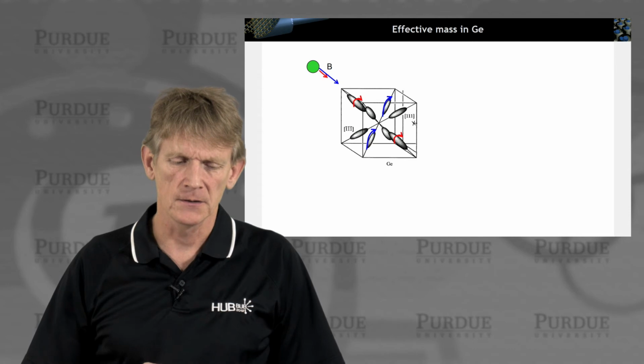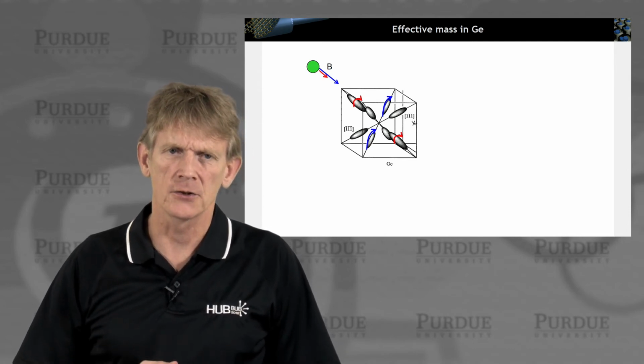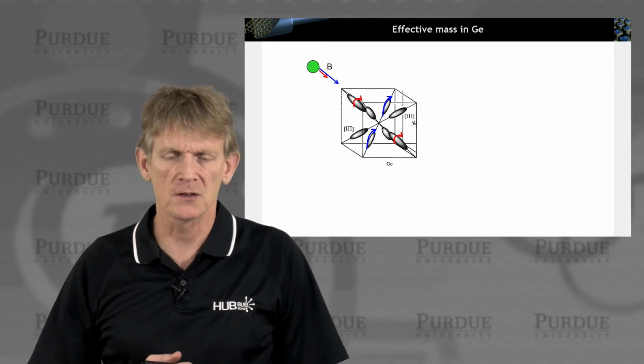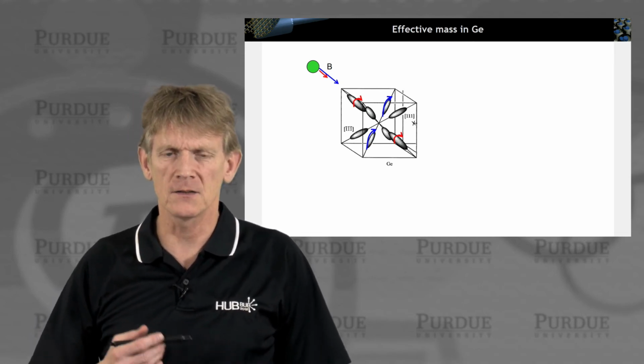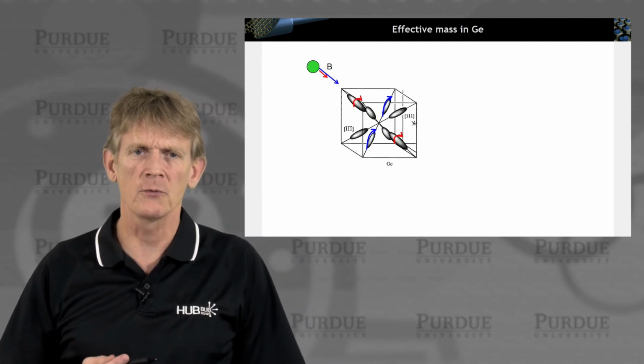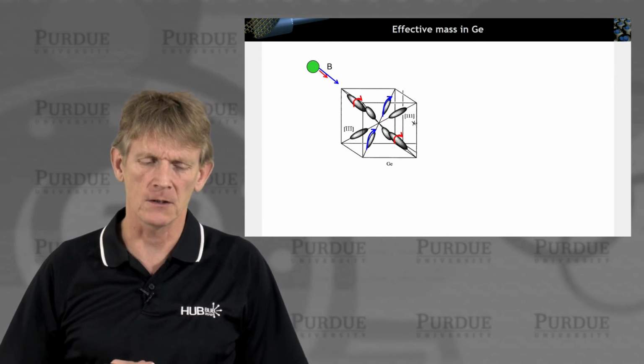There is rotation around the short axis, and there's rotation around the long axis. So in the same valley, in the same conduction band edge, you expose really multiple resonance frequencies, and you have to sort that out in an experimental structure.